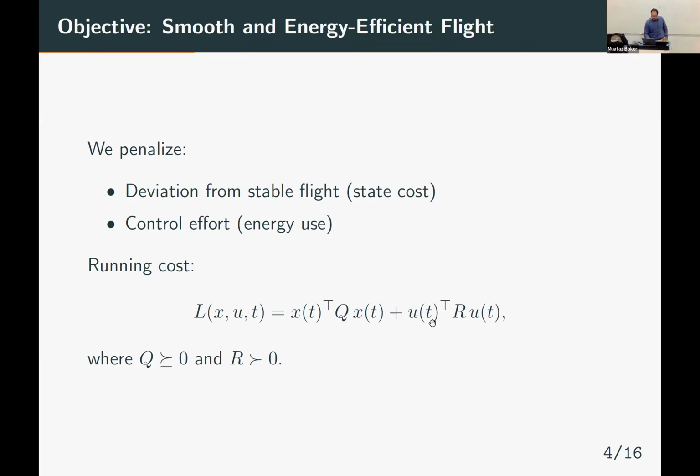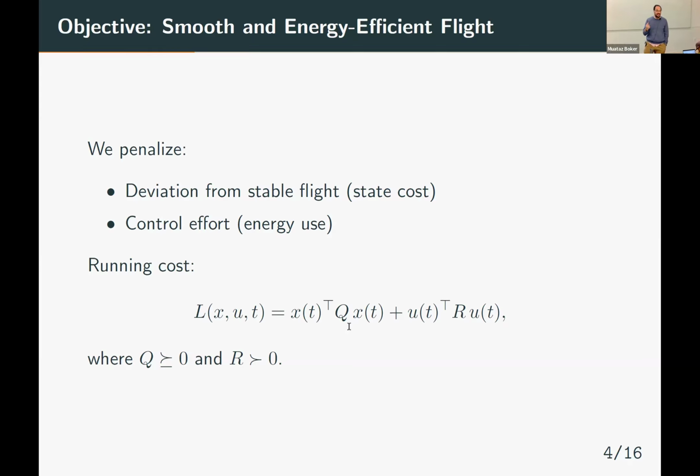It's not the only choice, it's the typical choice, and it has many advantages. This term, U transpose RU, minimizes the energy. X transpose QX makes X smooth, without sharp transitions, and also guarantees that X is stable, that it doesn't go out of bound. These two terms are quadratic terms.